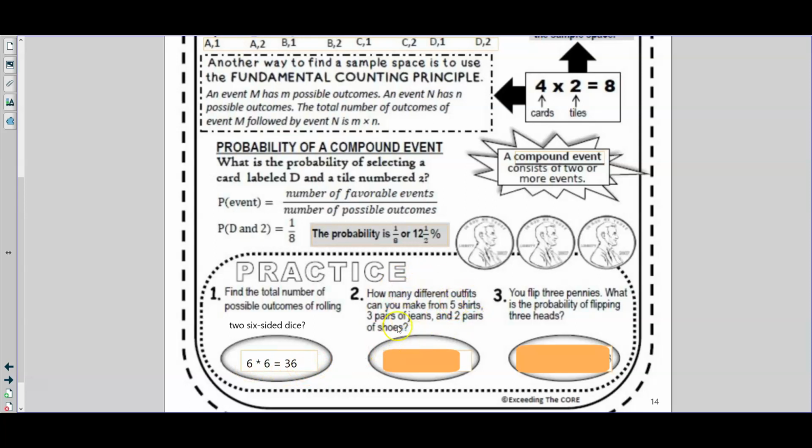If you did the outfit one, you take the 5, the 3, and the 2, and we multiply. So if I have 5 shirts, 3 pairs of jeans and 2 shoes, you'd have 30 possible outfits. And on the last one, the penny, you guessed it, 1/2 times 1/2 times 1/2, you'll get 1/8, which again is the 0.13. If you got all of these, congratulations, you should be doing good.